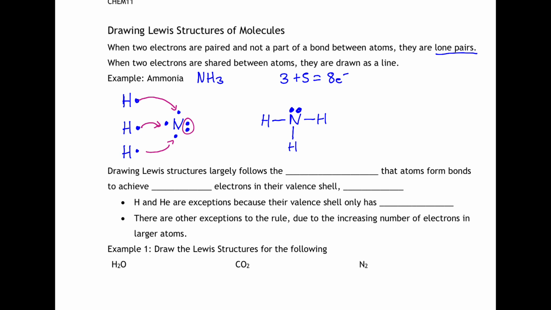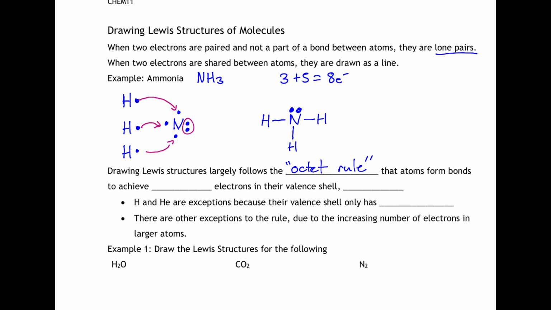Another even more important rule is that for most elements that we're going to look at, they follow something called the octet rule. Now, a rule is only as good as it works. There are examples where the rule doesn't work, but it works for most things. It's a good starting point, and we can see where the exceptions go after that.